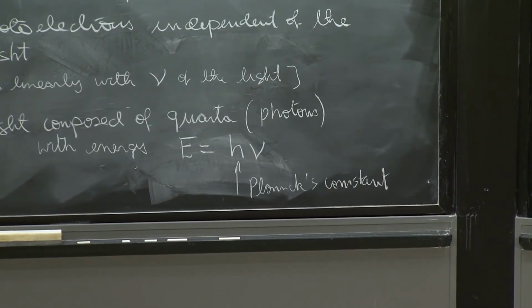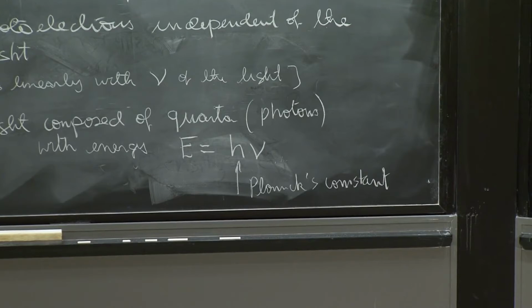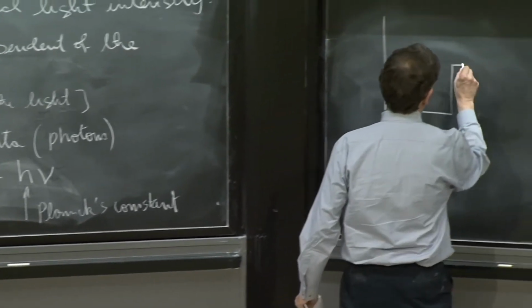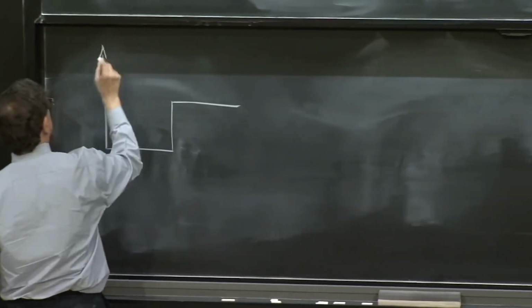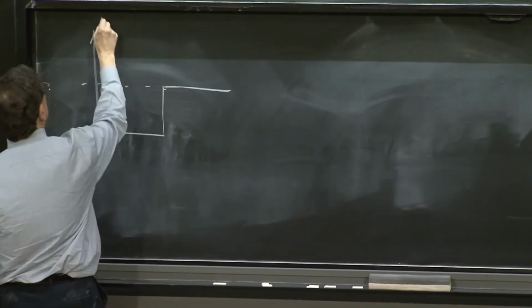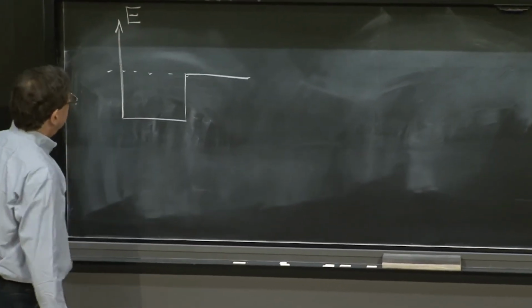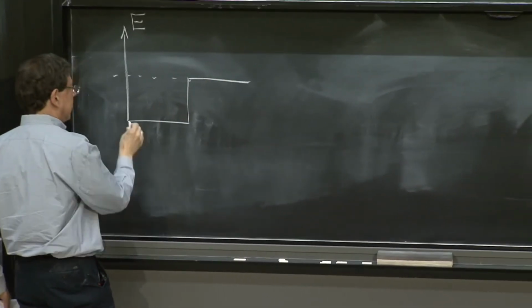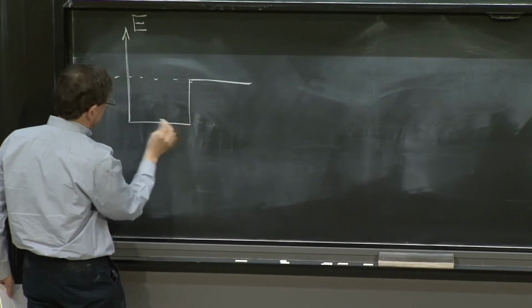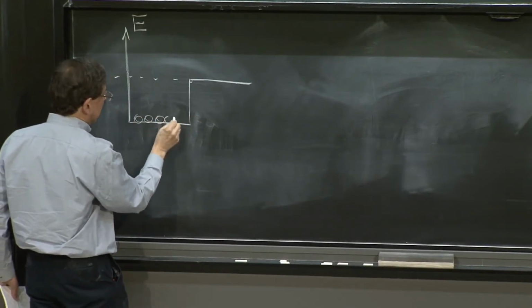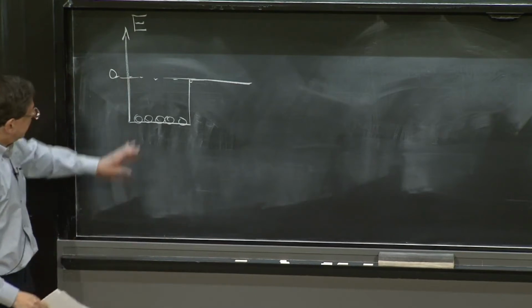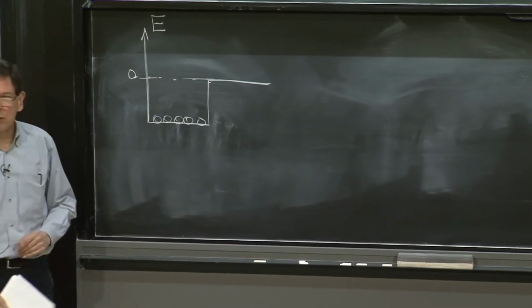So the picture that Einstein and others had was that you would have a kind of a potential here. You plot energy over here, and maybe this is some distance, and you have a metal, and there's the electrons captured here, and here is zero energy. So they have negative energy, they're captured.